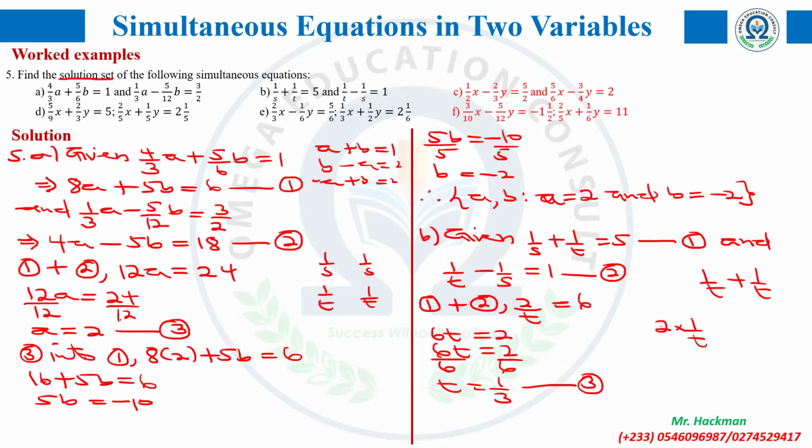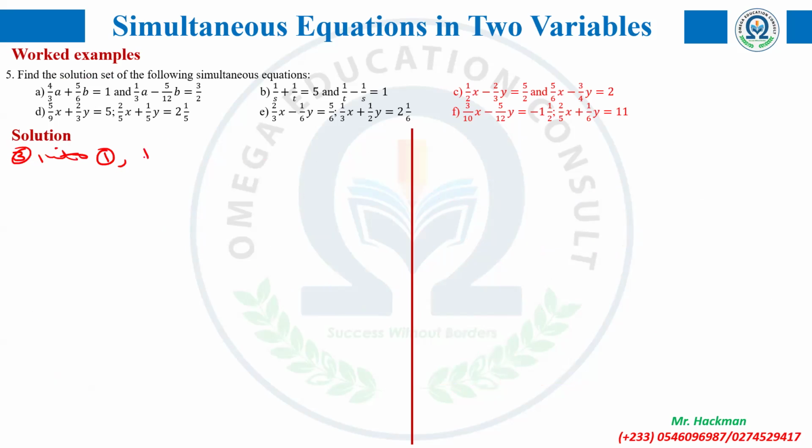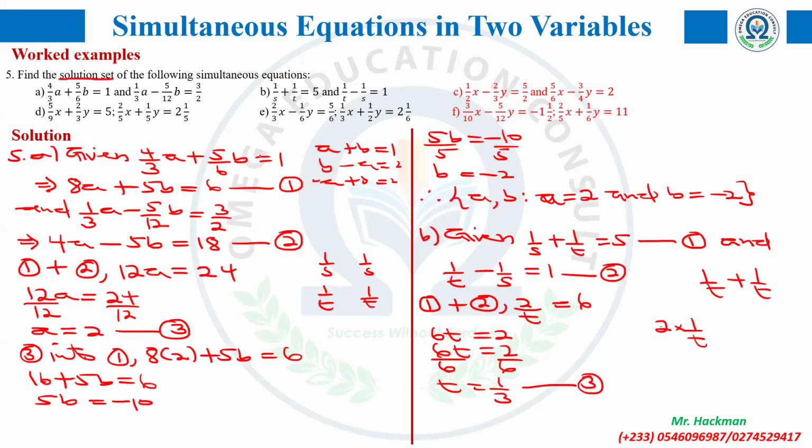So let's go back and see. That will give us 1 over S plus 1 over T is equal to 5, but T is 1 over 3. So we have 1 over S plus 1 over T, but T is 1 over 3, and that should be equal to 5.